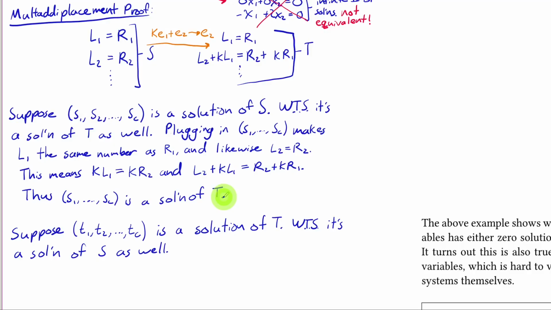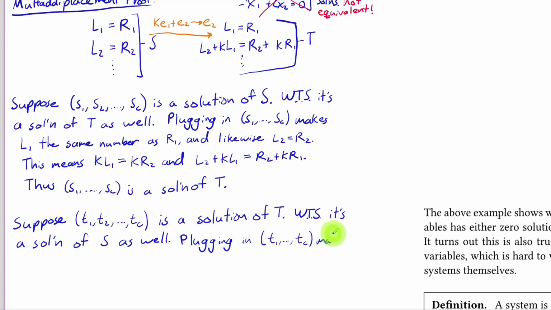Now let's look at the second part. We're assuming that we have a solution of T. We want to show it's also a solution of S. And again, what it means for this to be a solution of T is it means plugging it in for the variables everywhere, and simplifying is going to result in each equation being true, as in the same number on each side of each equation.